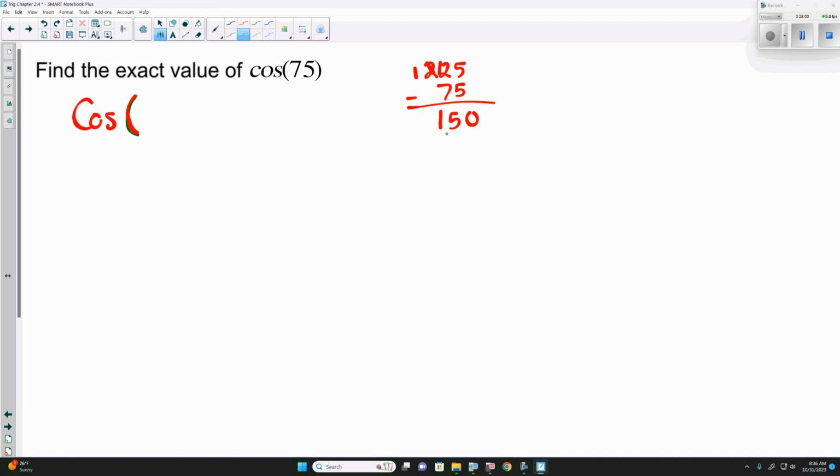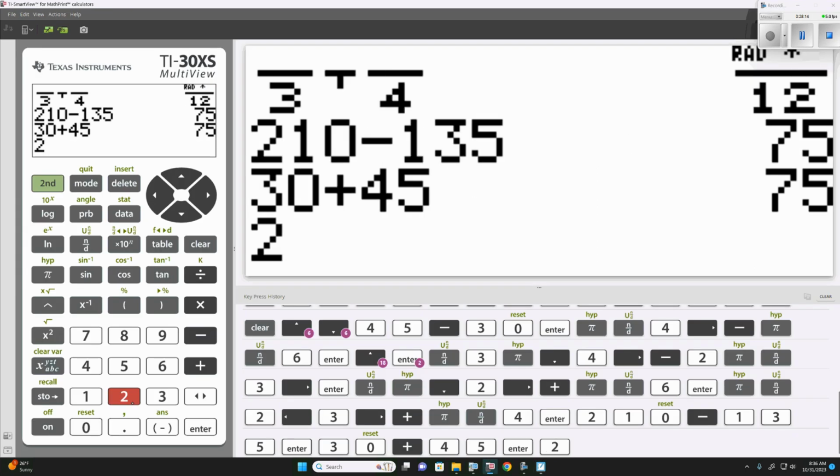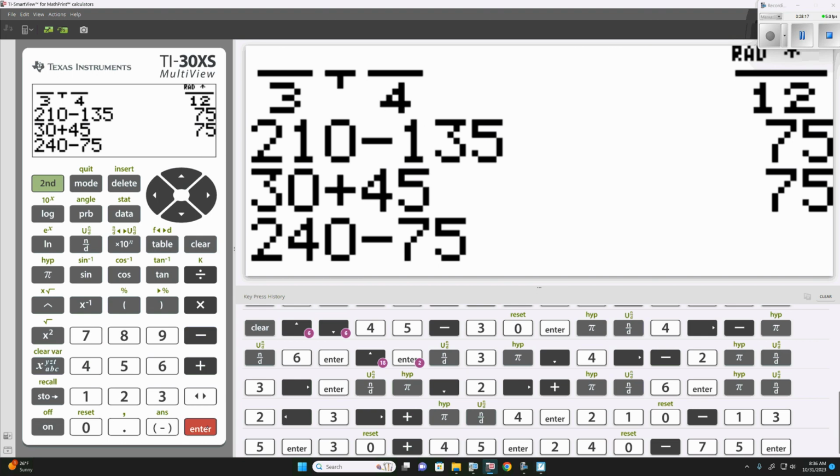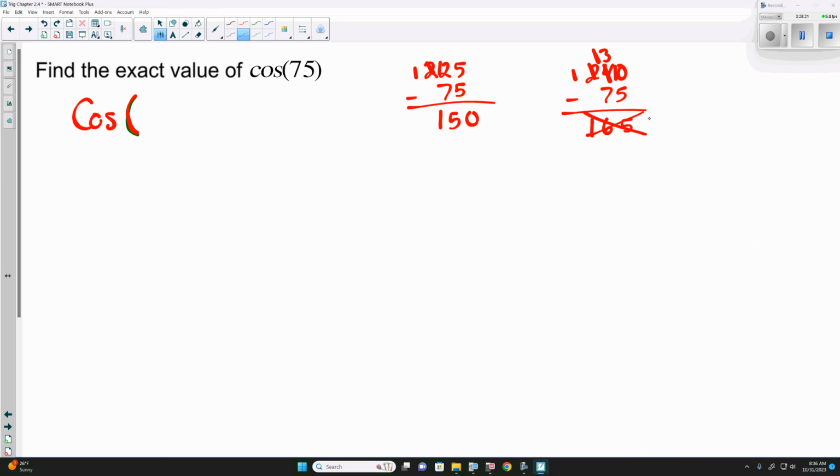If I pick, say, 240 minus 75, this is just a guess. Here, I should get 165. We don't have to do this by hand. 165. Not on the unit circle.